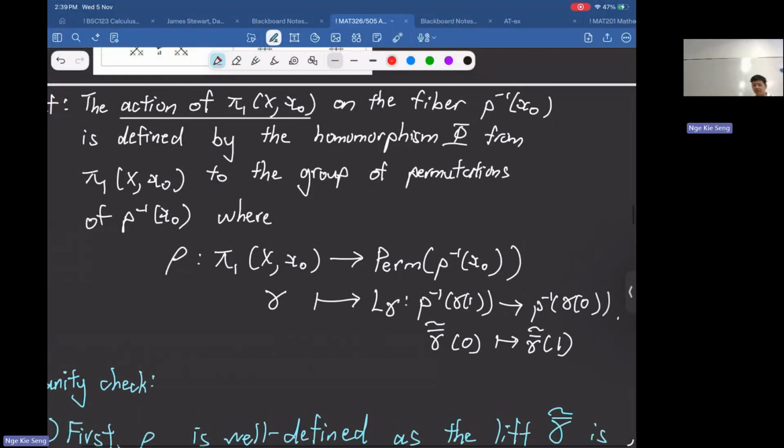The action of pi 1 of X on the fiber, the inverse image of x naught, is defined by the homomorphism phi from pi 1 to the permutations of the inverse image of x naught. So how do we define this? This is a very special definition here. You take a look, and then you add on the preimage.